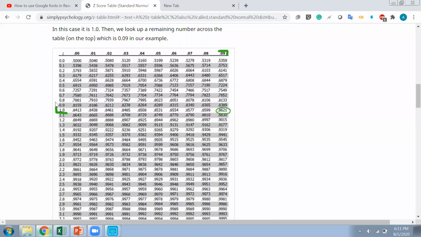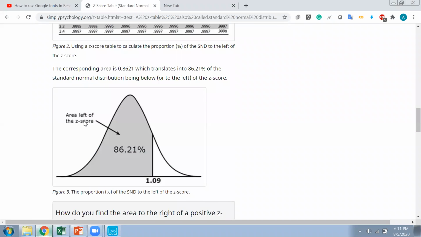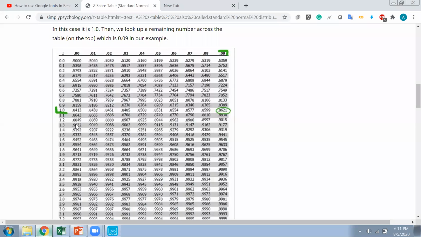We will see for z equal to 0.9. What is my value? So it is 0.8159, at z equal to 0.9.